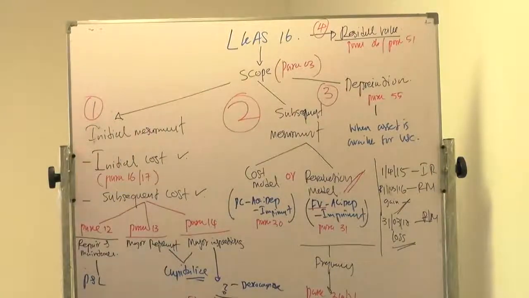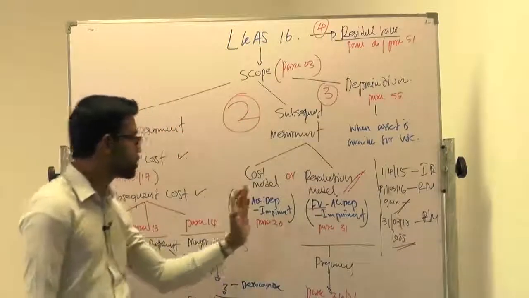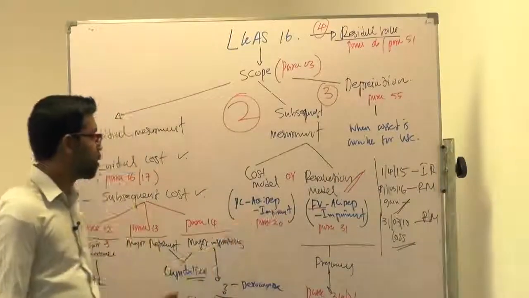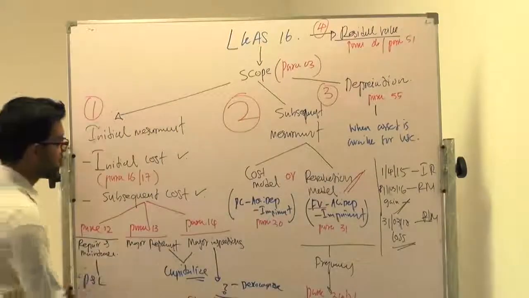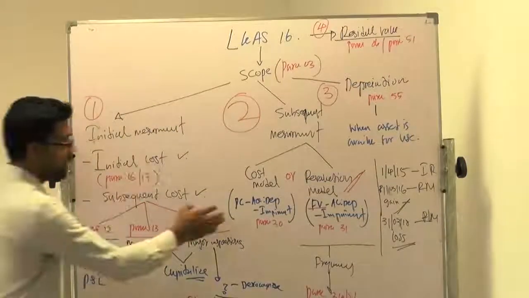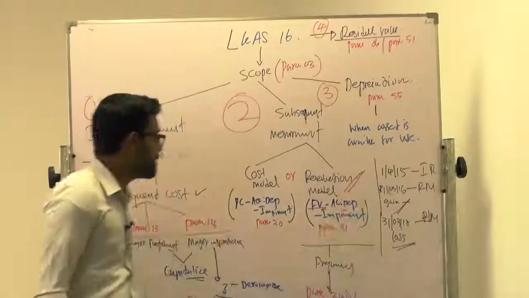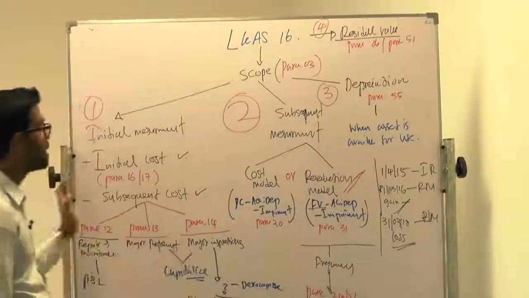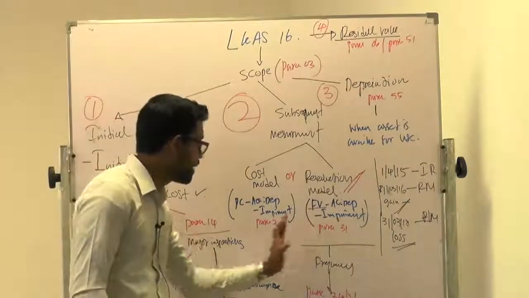This is about recognition. When it comes to subsequent measurement, the standard allows you to use either the cost model or revaluation. Cost model means initial cost minus accumulated depreciation minus impairment. I took purchase cost, assuming that there are no other costs, to help you understand in a simple way. For revaluation, you take the fair value at the date of revaluation minus any subsequent accumulated depreciation minus impairment, explained in paragraph 31.